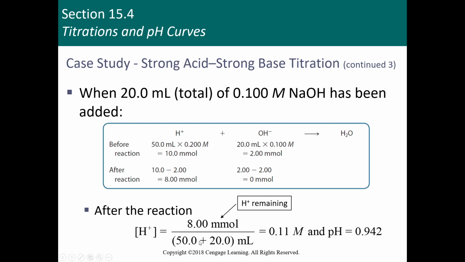Our new volume is going to be the initial 50 milliliters plus the 20 milliliters that we added, right? So that will be 70 milliliters in the denominator now. And that will give us a concentration of 0.11 molarity. And that, if we take the negative log, is going to give us a pH of 0.942.